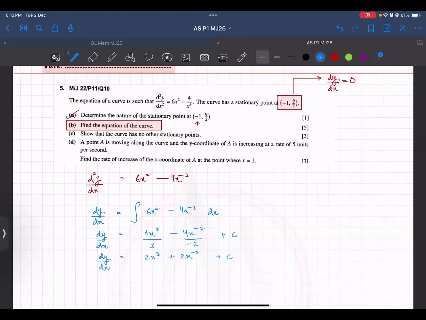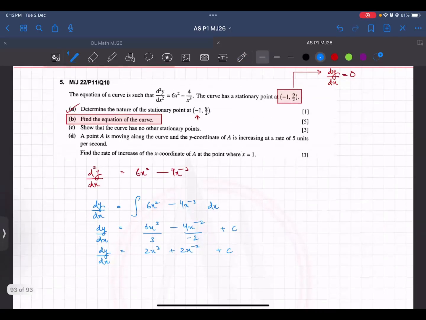Substitute the stationary points in x and y. Yes, we are very close, but slightly wrong. The value of the derivative will be 0 when your x value is minus 1.